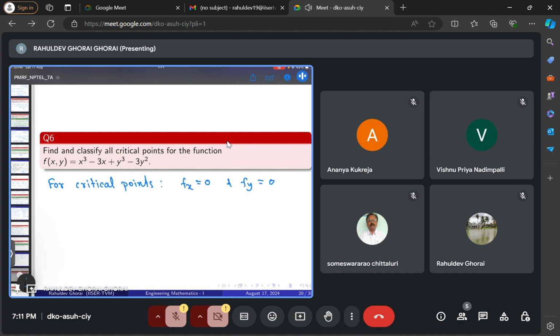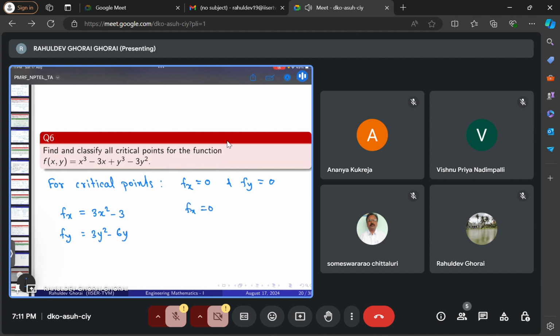So solve fx is 0 and fy equals 0, then you will get the points. What is fx? It will be 3x square minus 3. fy will be 3y square minus 6y.